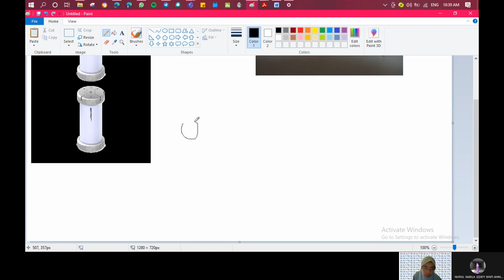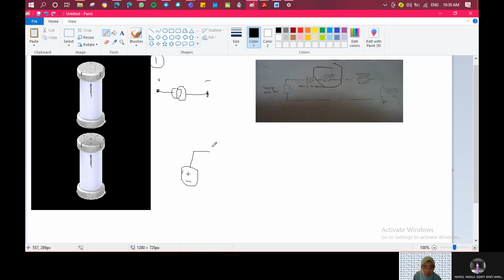So this is the supply from the frequency converter itself, positive and negative terminal. It will supply to a transformer. This is the transformer, and we will connect the transformer to the secondary unit through a conductor.